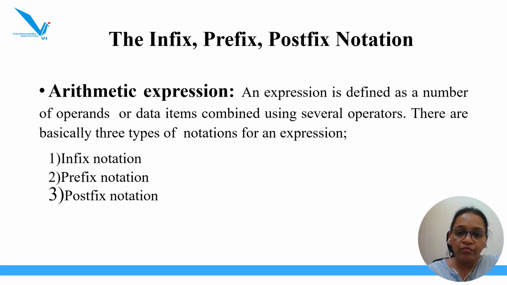So, let us start with what are these different formats of arithmetic expression. An expression is defined as a number of operands or data items combined using several operators. There are basically three types of notations for an expression. We can use infix notation, prefix notation, or postfix notation.